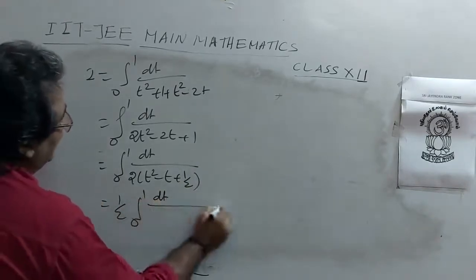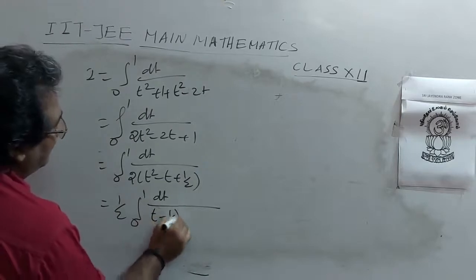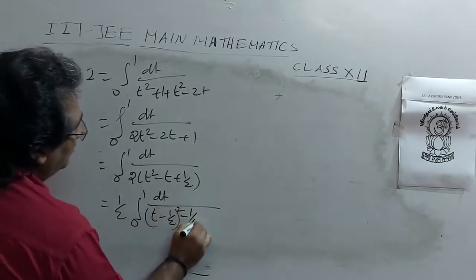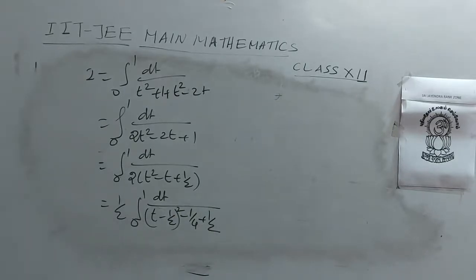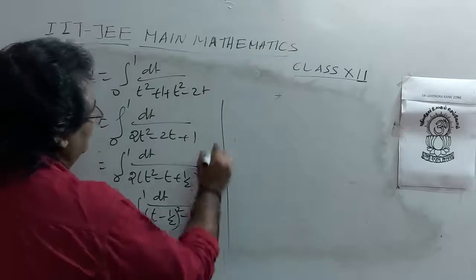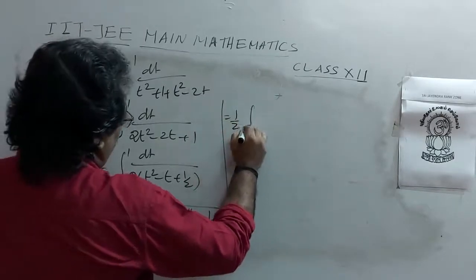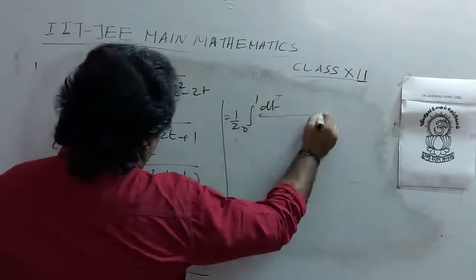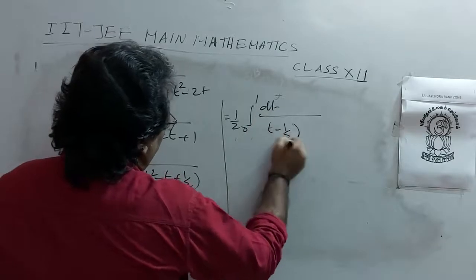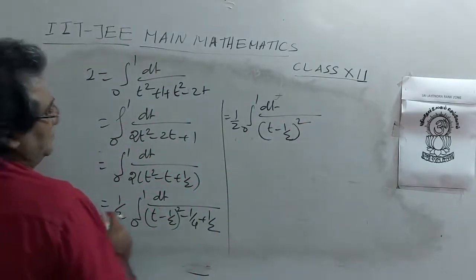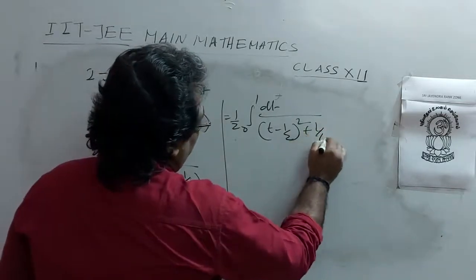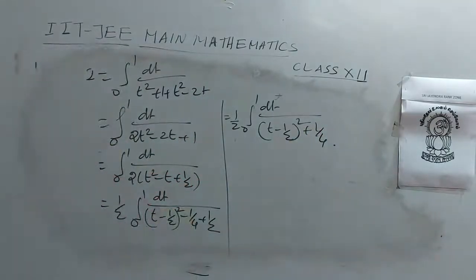Integral 0 to 1 dt by t minus 1 by 2 whole square minus 1 by 4 plus 1 by 2, so t minus 1 by 2 whole square plus 1 by 4.